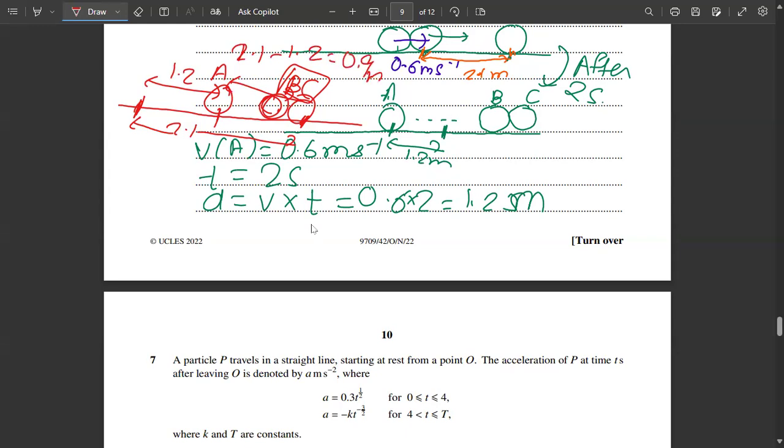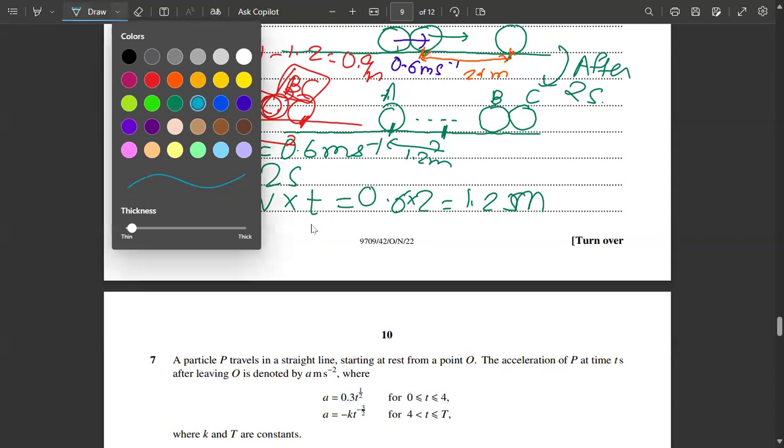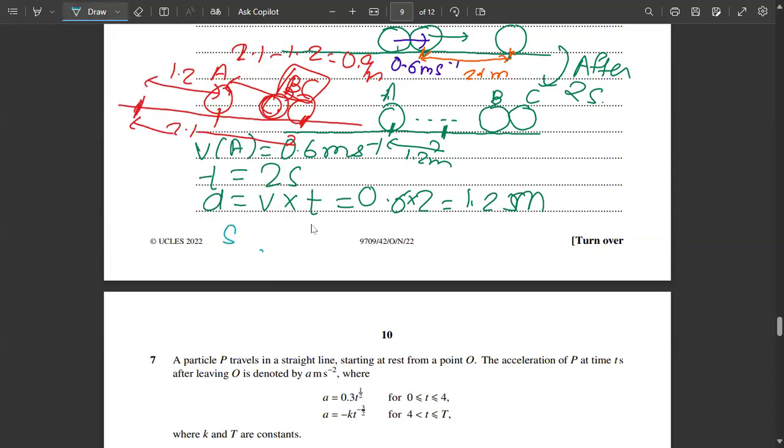Now that the distance remaining is 0.9 meter, we have to find out how much time is remaining. The distance covered by BC together, coalesced, will be velocity into time, which is 0.5t, and the distance covered by A will be 0.6t.